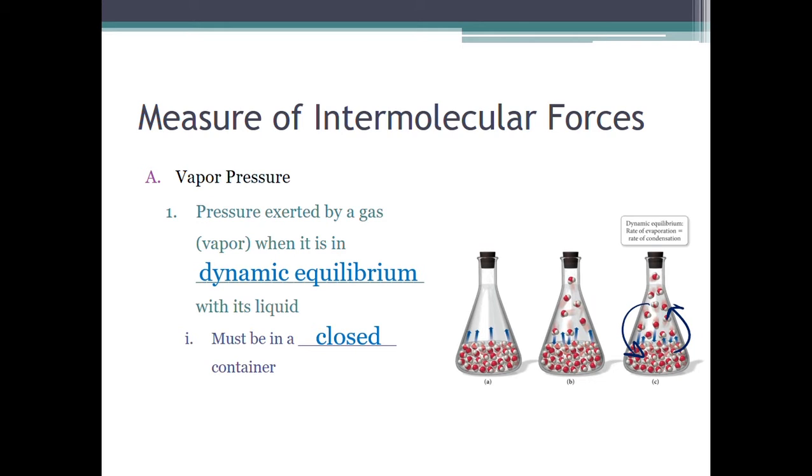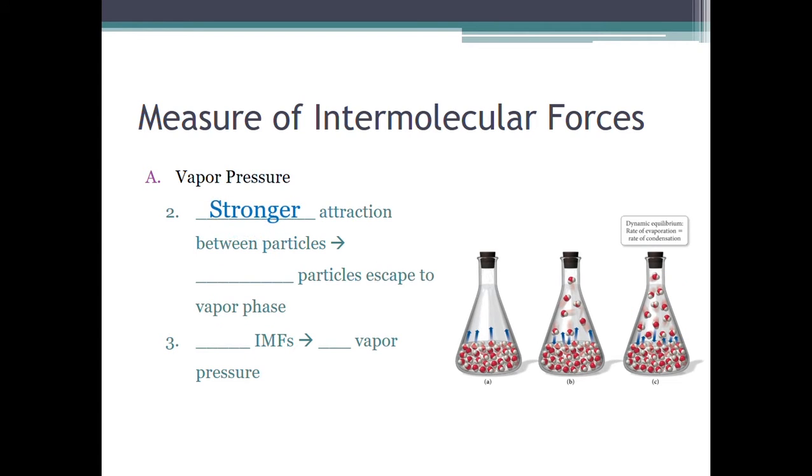That is dynamic equilibrium. The amount of vapor in the container at that point, whether it's a whole bunch of vapor molecules or just one vapor molecule, is going to be determined by the intermolecular forces. If you have a stronger attraction between your particles, that means that fewer particles are going to escape to the vapor phase.